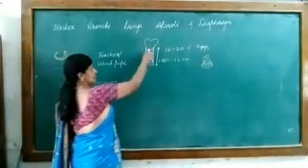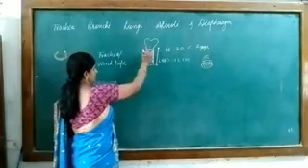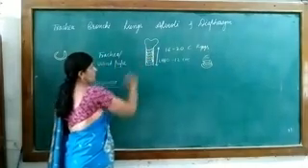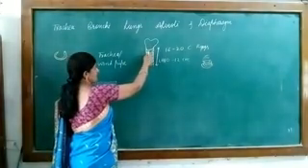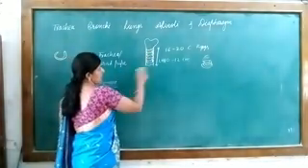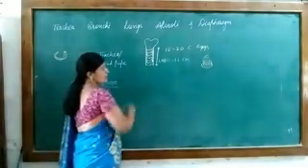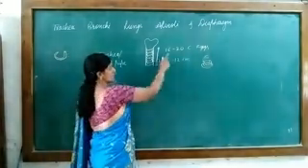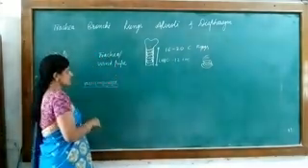First, it is the first part of the lower respiratory tract. It is also called the windpipe, and the length of the windpipe is 10 to 12 centimeter. It is made up of cartilaginous incomplete rings, 16 to 20 of them.